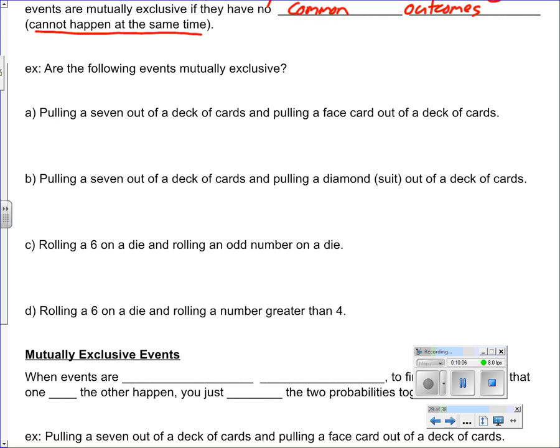Pulling a 7 out of a deck of cards, pulling a face card out of a deck of cards. These are mutually exclusive. The reason is we can't pull a 7 out of the deck that is a face card. You can't do both on one draw.